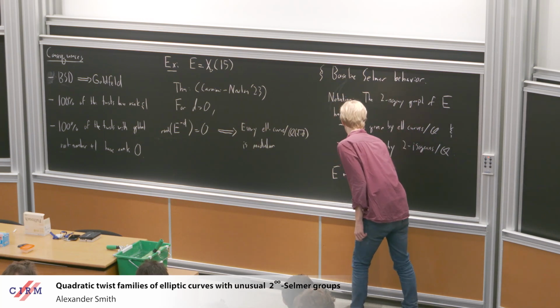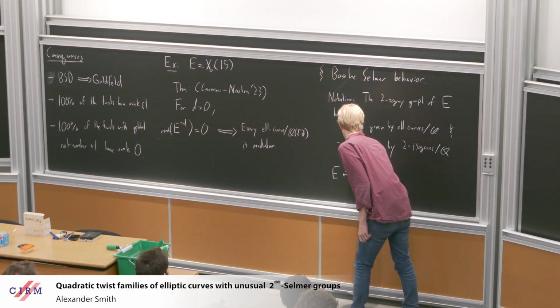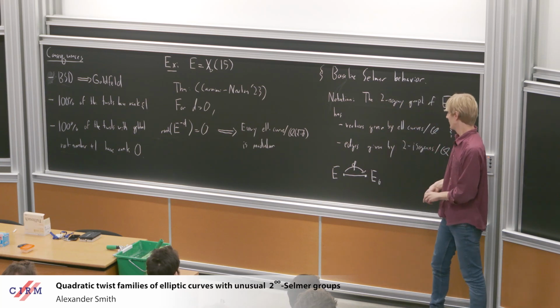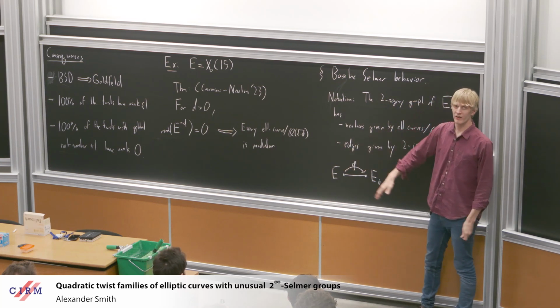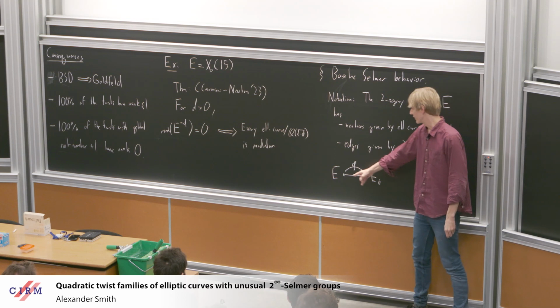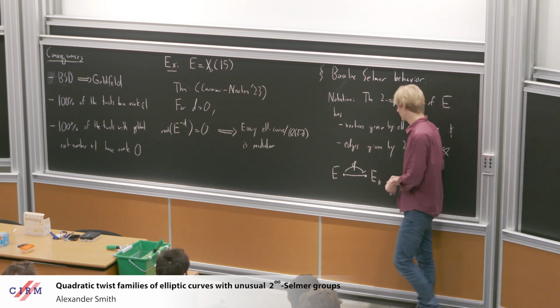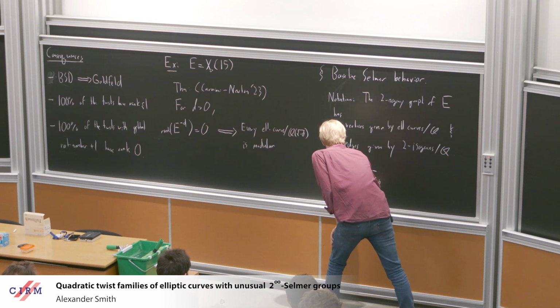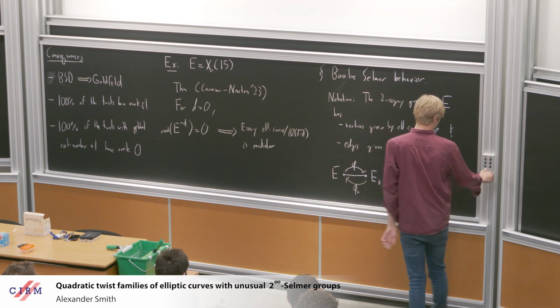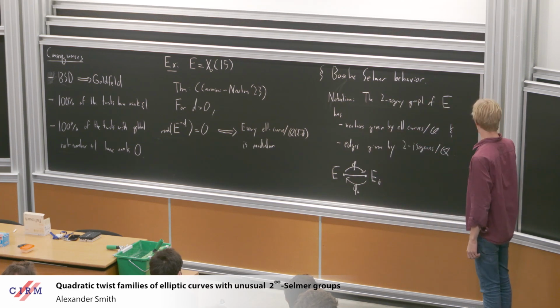Maybe we can give it a name, call it something like phi. And the 2-isogeny graph has undirected edges because, of course, for every isogeny, you can consider the dual isogeny, which goes in the other direction. And my usual notation will be to call that phi naught.